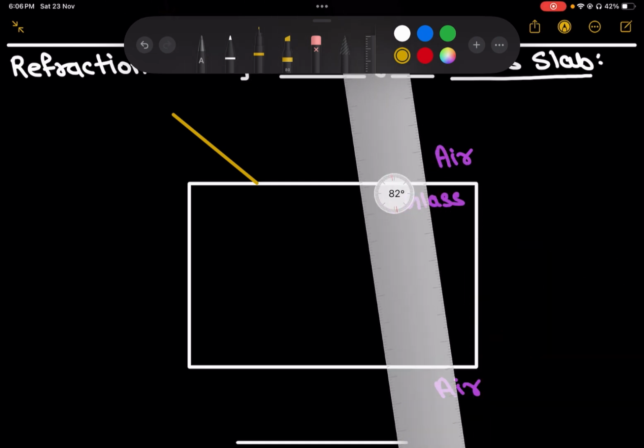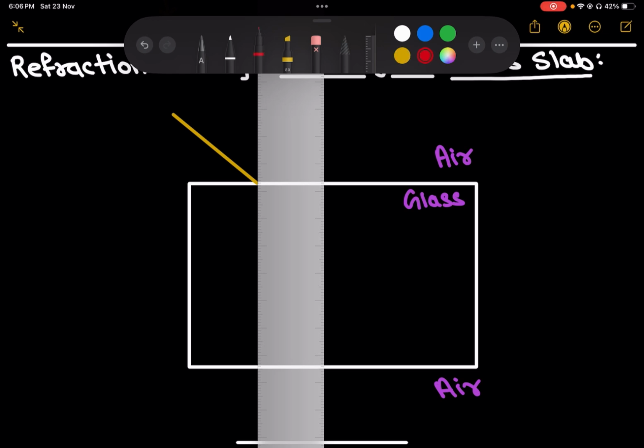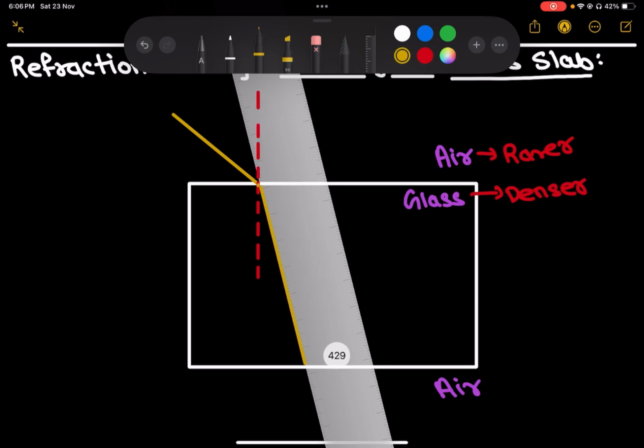A normal is drawn at the point of intersection, right? And the light ray bends towards the normal, because air is a rarer medium and glass is a denser medium. Rarer to denser, it bends towards the normal, like this.